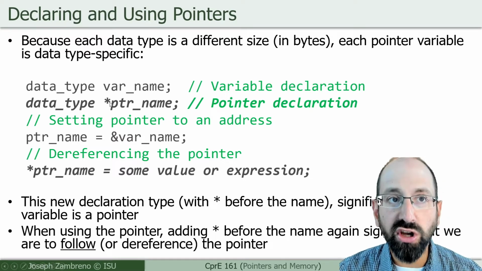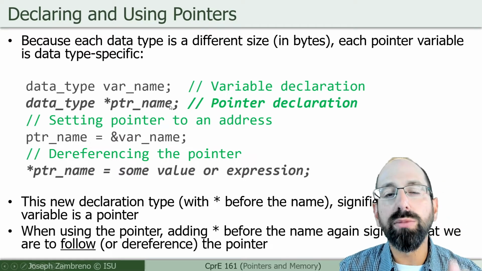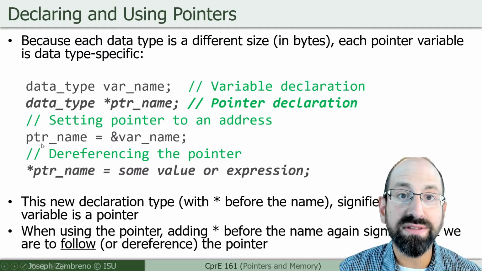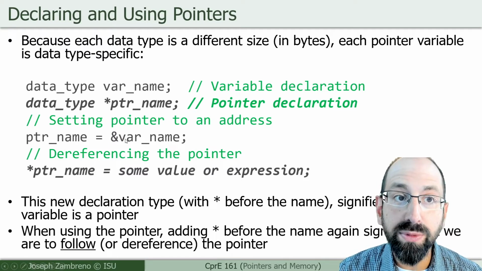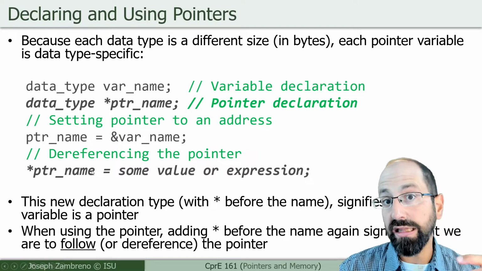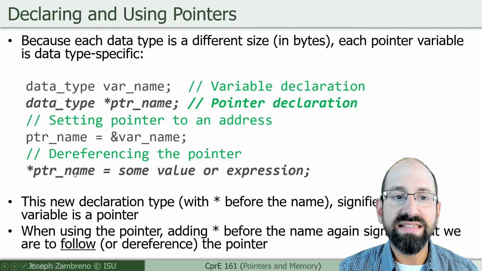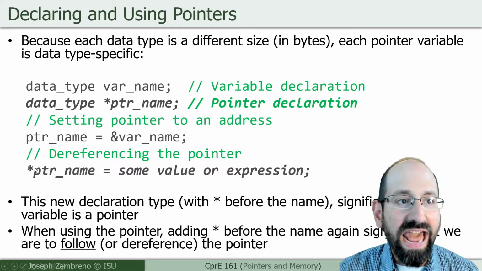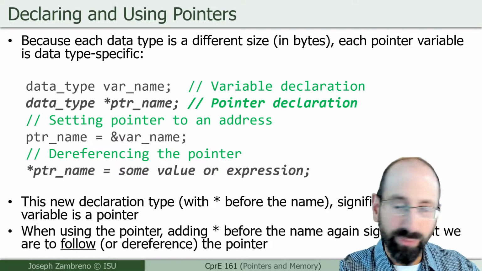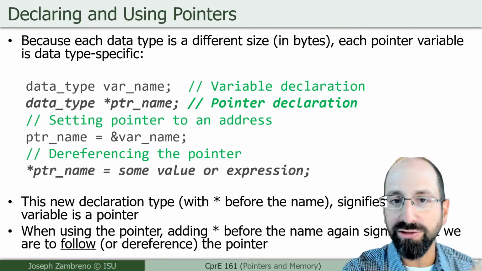That declares that we have a pointer variable here. As we saw in the previous code example, we can explicitly set the pointer to an address using the ampersand operator. And then the other new syntax is that after we've declared that pointer, we dereference it. Adding that star again says we are following that pointer. We're looking at the treasure map, we're unlocking the mailbox, whatever analogy you want to use.